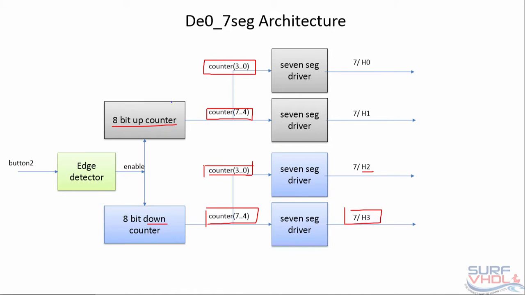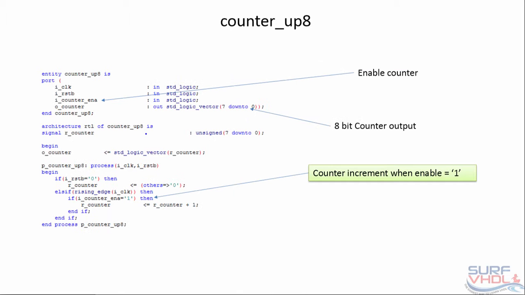In order to control the two counters, we use button 2 of the board, and we have to recognize the edge of pushing the button to control the counters. So let's see the implementation of the counters.